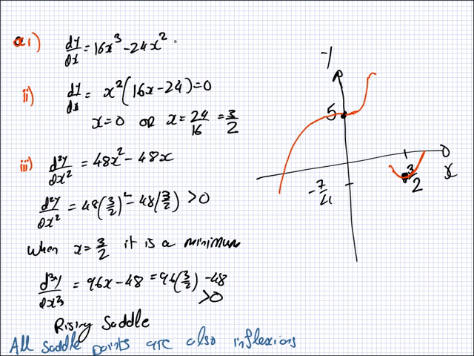That's right, isn't it? Yes. And second derivative? That's right. And third derivative? Are you sure that if it's greater than 0, it's the rising saddle? Pretty sure, but now I'm starting to doubt myself.